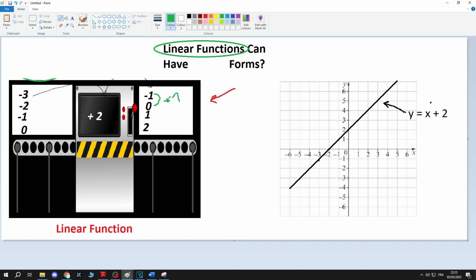Plus 1 here, plus 1 here, and plus 1 here. Now, the output, the number we get at the end, there's the same difference between all the numbers, right? This is why we call it a linear function.